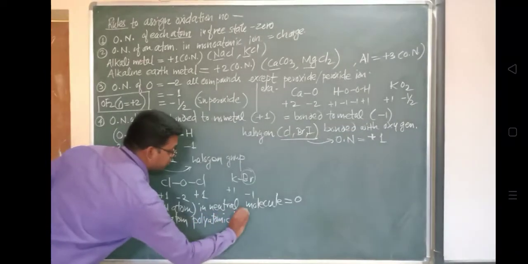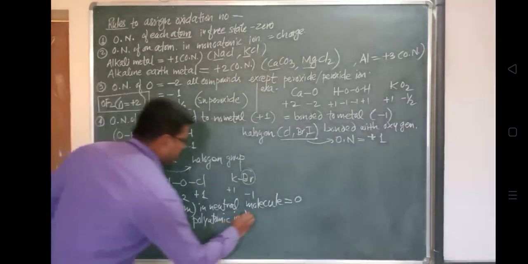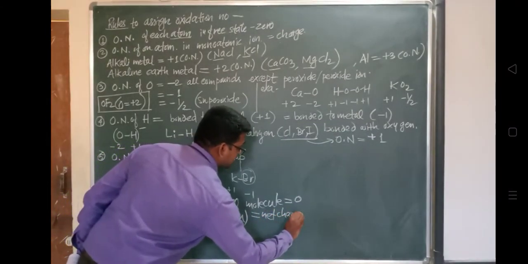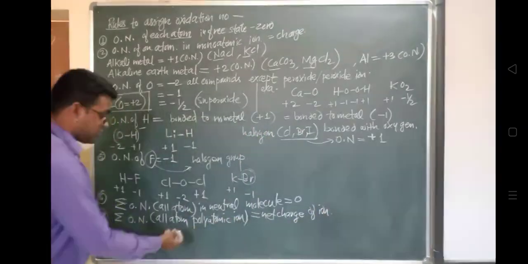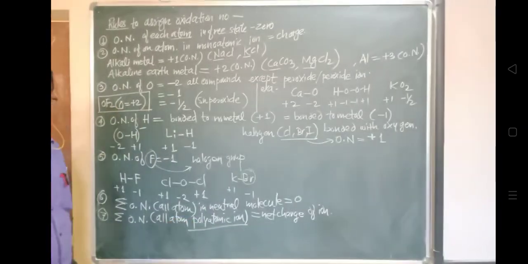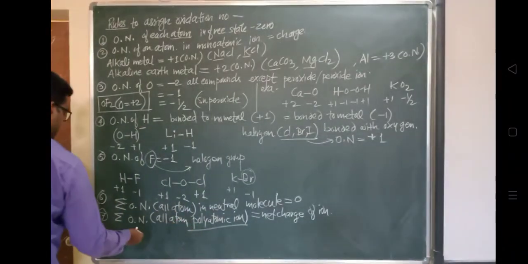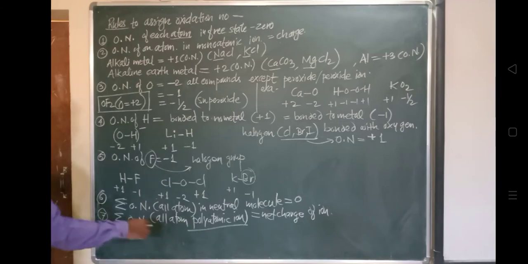The sum of the oxidation numbers of all the atoms in a polyatomic ion is equal to the net charge of the ion. उस ion के ऊपर, उस जो polyatomic ion है, उस polyatomic ion के ऊपर what is the charge? The same charge, the same oxidation number will be for that polyatomic ion. Not molecule, it is a polyatomic ion.